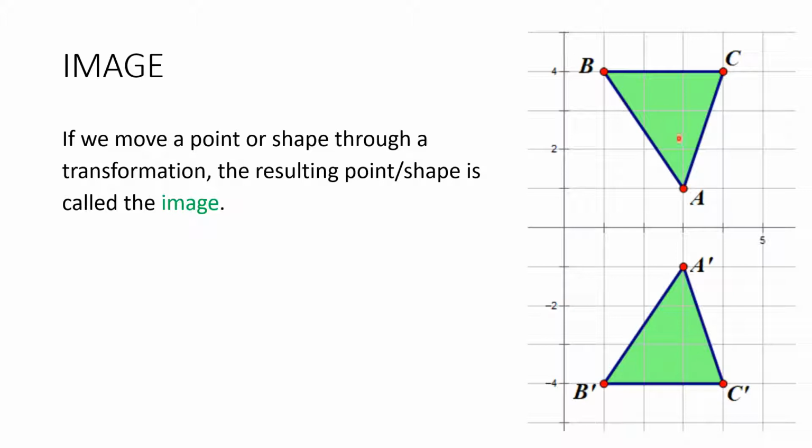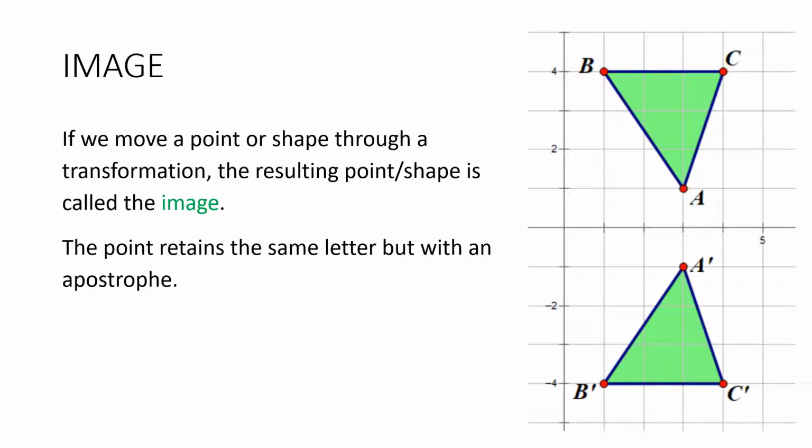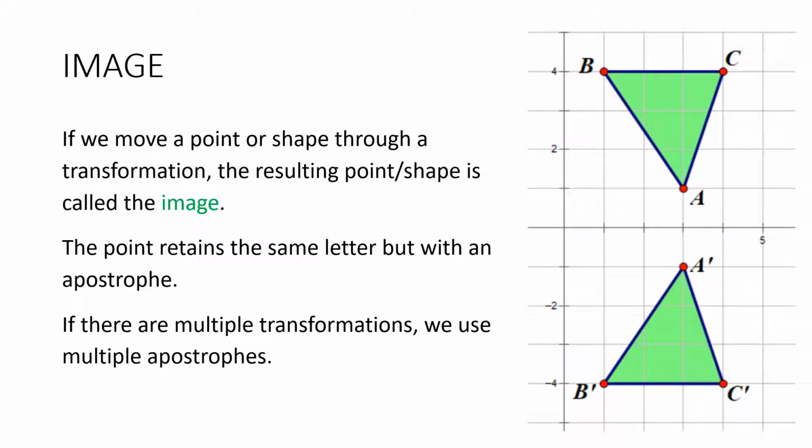So this is actually called the pre-image, and then after we've reflected this over the x-axis, this is called the image. And what you'll notice is that the points retain the same letter, but they get an apostrophe. If we do multiple transformations, say we took this one and then reflected it over the y-axis, we would get a second apostrophe. So this point here would become B dash dash.